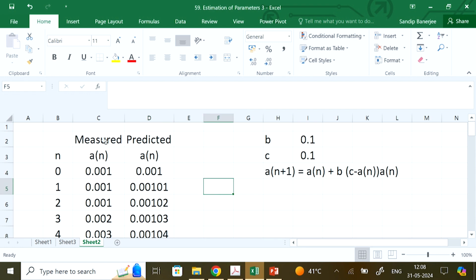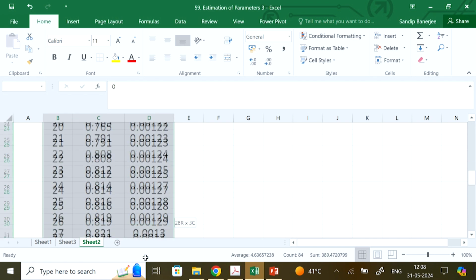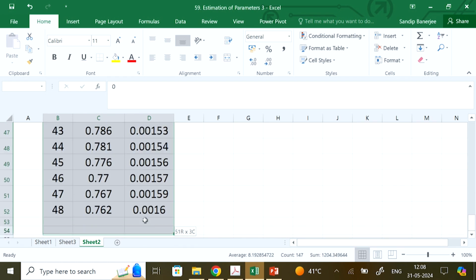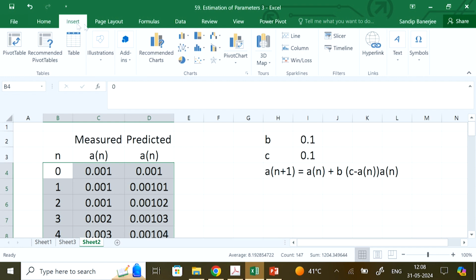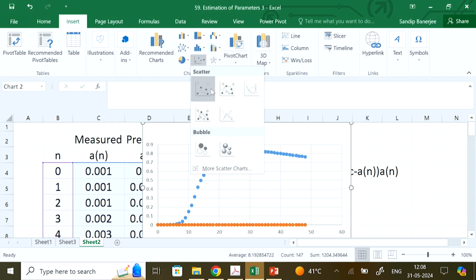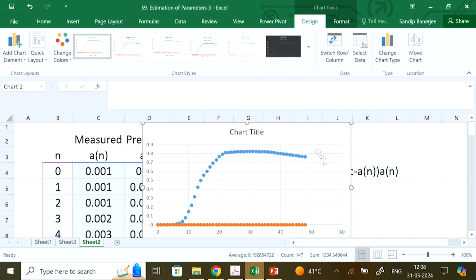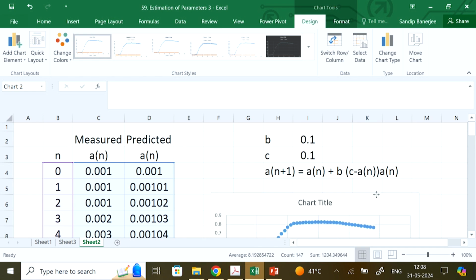However, I should have plotted the measured value first, but since we did it for previous examples, let's now draw all three of them at the same time. I go to insert, I go to chart, and I have this chart. Name it again as growth curve.